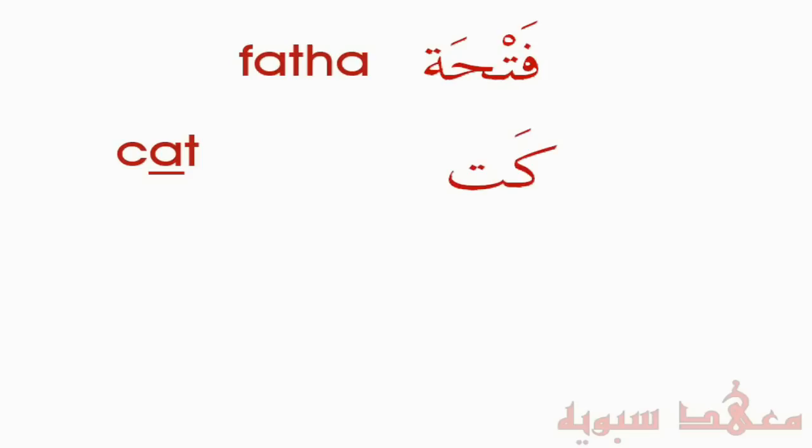Now, I've transliterated cat into Arabic. So we have the kaf here, which makes the same k sound. And then we have the ta, which is equivalent to the t in English. So this says cat. Notice the vowel is on top, not after it, as in cat.